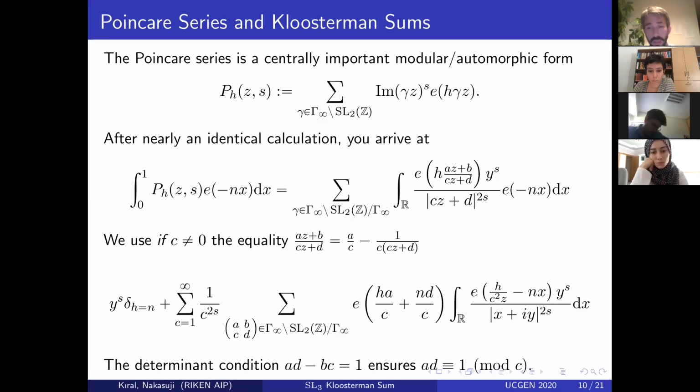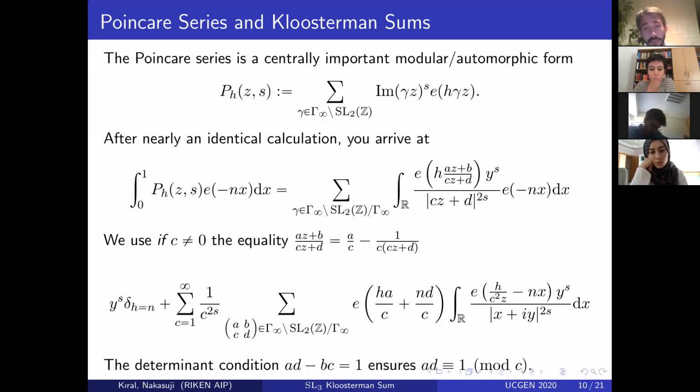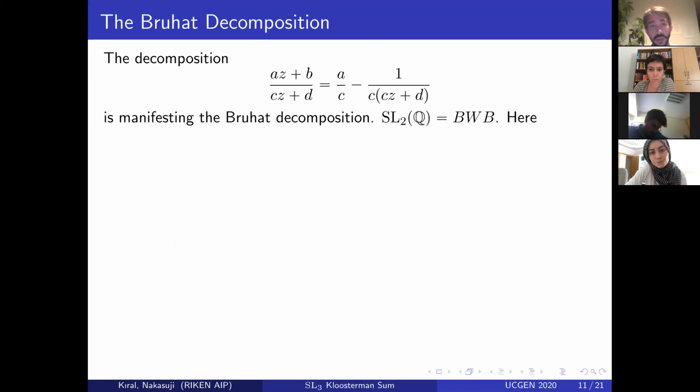So this is indeed a sum of Kloosterman sums, a Dirichlet series of Kloosterman sums. So hence Kloosterman sums enter the study of automorphic forms. Okay.